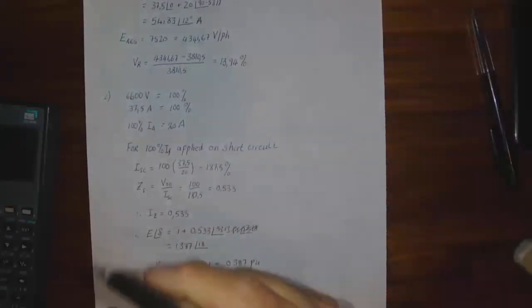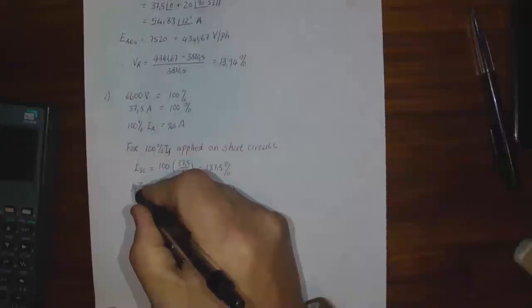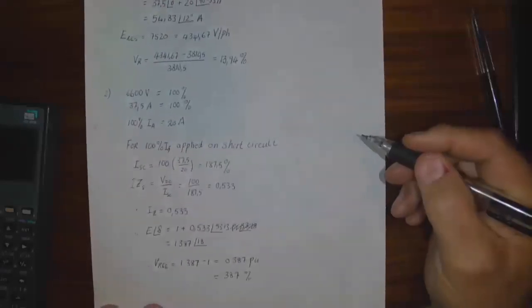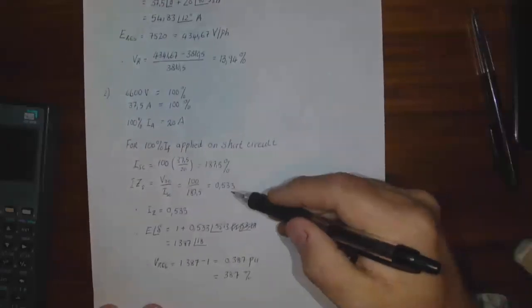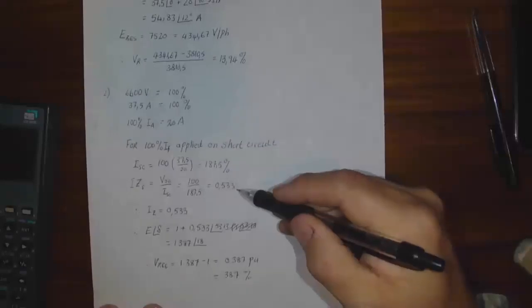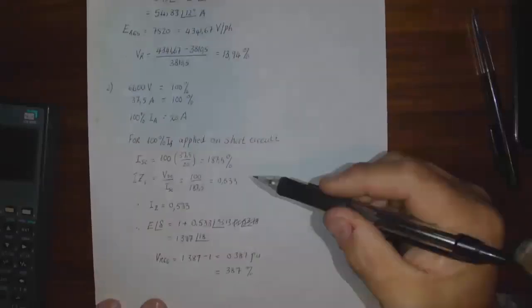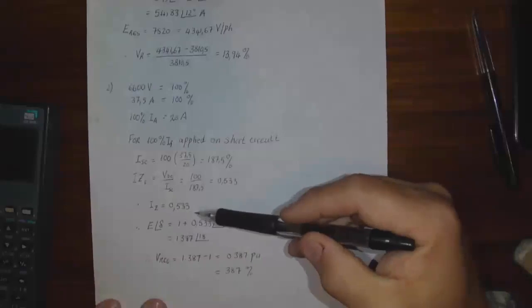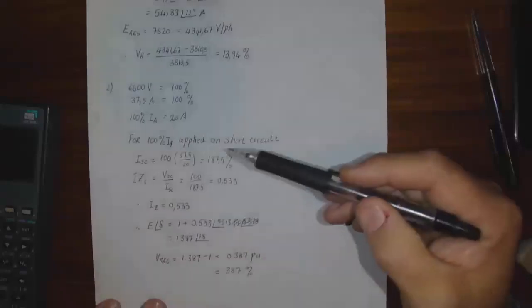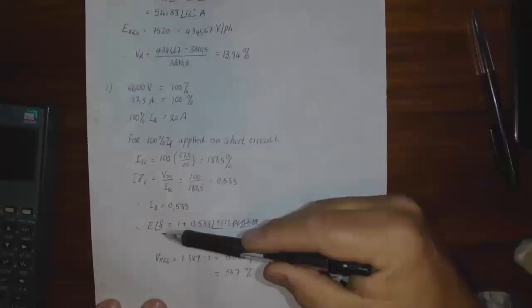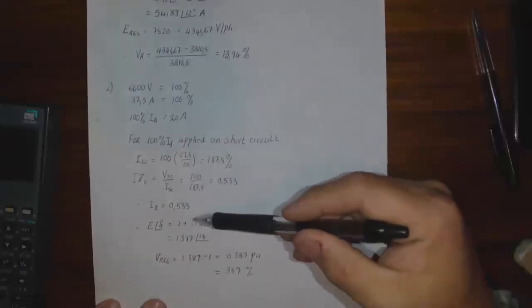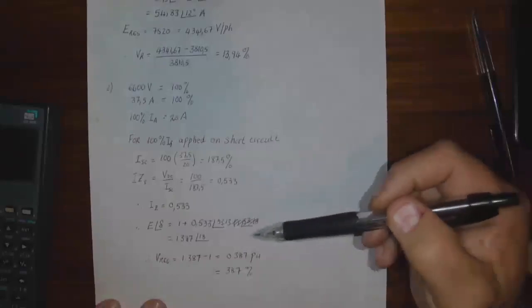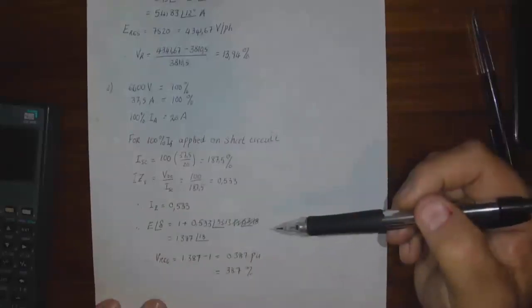Now, this is actually IZs. That's your volt drop. That gives you 0.533 per unit, at an angle of 0.6 lagging. So therefore, E is 1 or 100 plus 53.3 at an angle of 53.13.